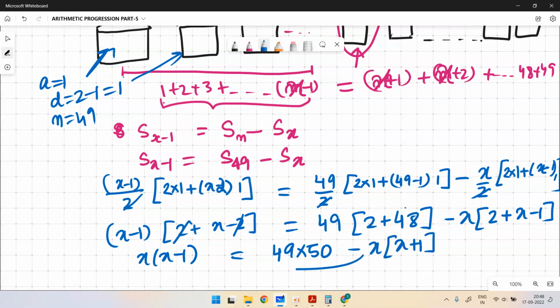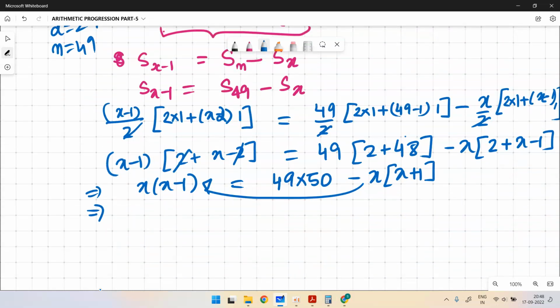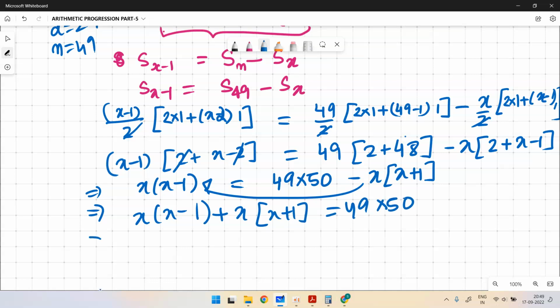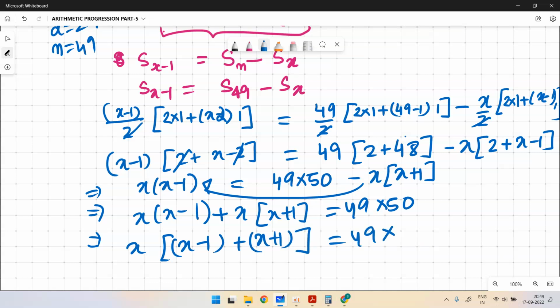Taking this to this side, x into x minus 1 plus x into x plus 1 equals 49 into 50. If we take x as common, x into the bracket of x minus 1 plus x plus 1 equals 49 into 50.